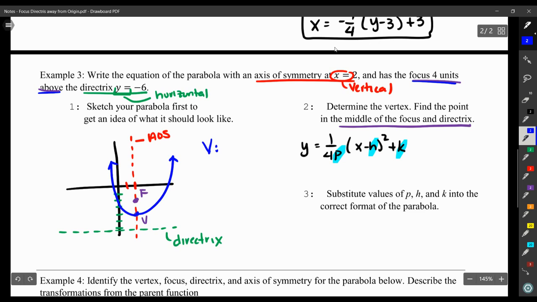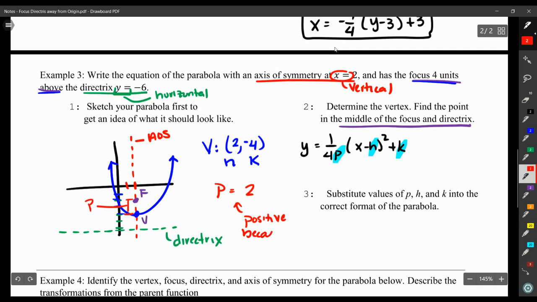So the coordinate of our vertex is this point here. So an x value of 2 and a y value of -4. So h is a 2 and k is -4. And then the value of p is the distance from the focus to the vertex, which we already said was 2. And now it's a positive 2 this time because it's a parabola that opens up.